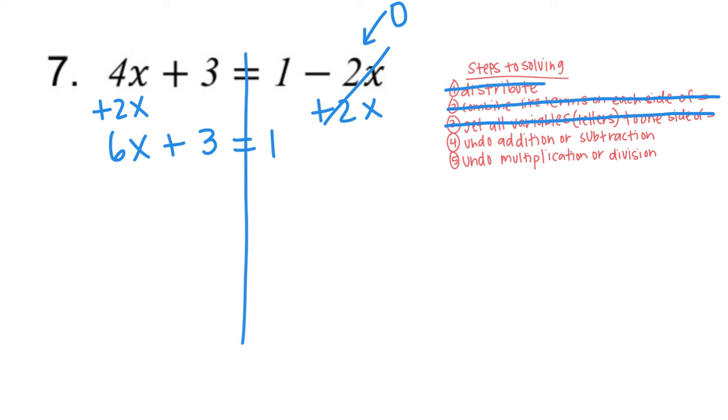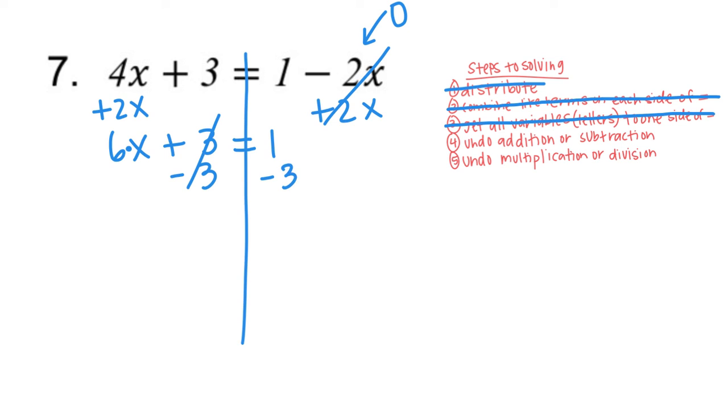Our next step says undo anything by adding or subtracting. So I see I have a plus 3, and then that 6 is smashed up against the x, so they're multiplying. So I'm going to get rid of that positive 3. Positive 3 minus 3, that would be a 0. So those cancel. I got to do it to both sides, remember?